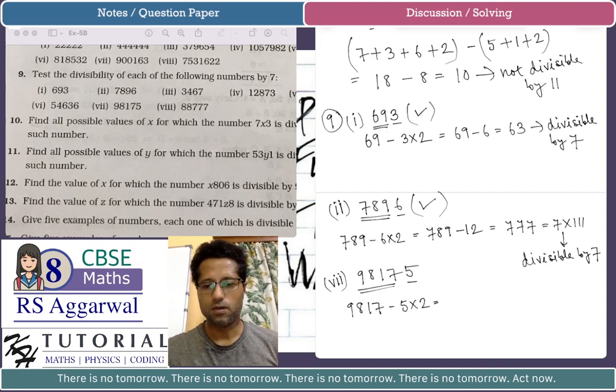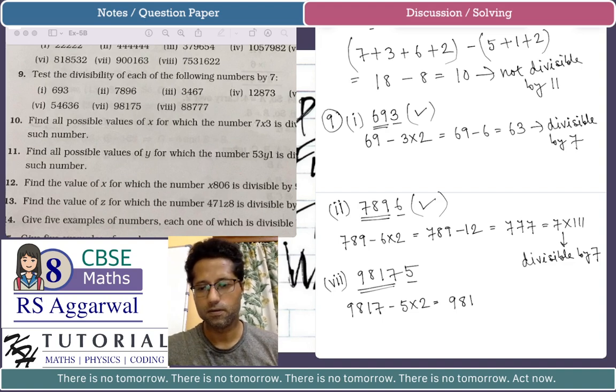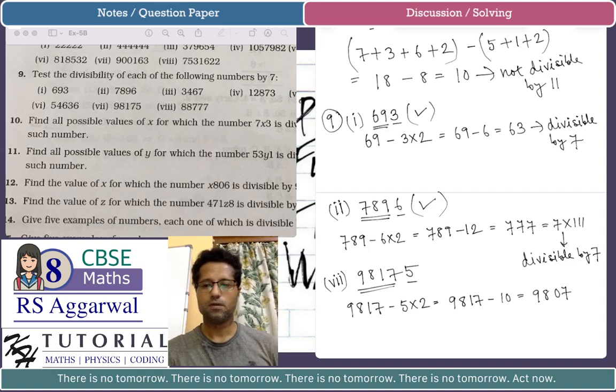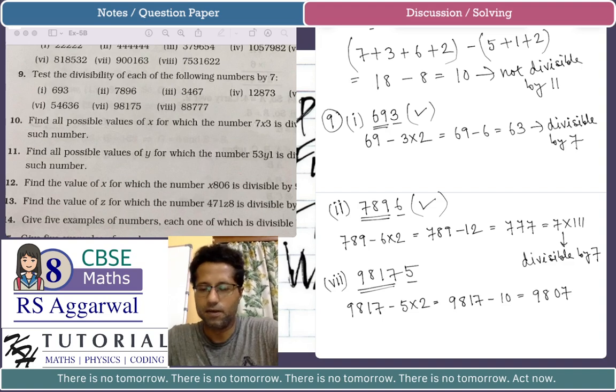This is equal to 9817 minus 10, which is equal to 9807. Now we have to see whether this number is divisible by 7 or not.